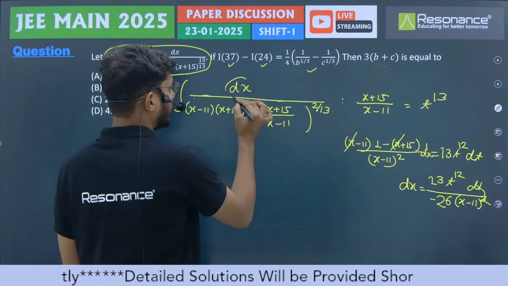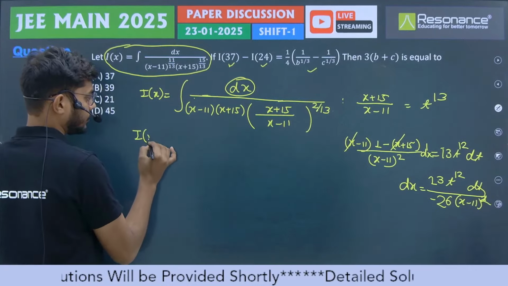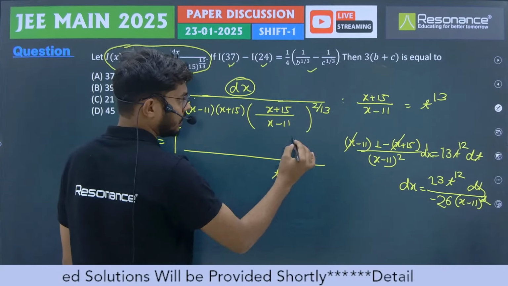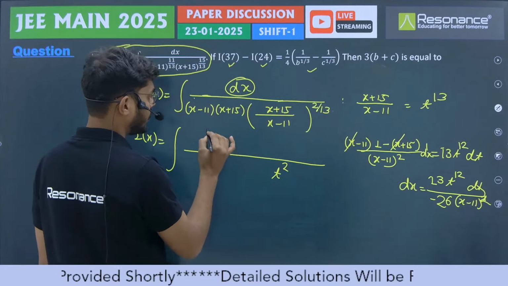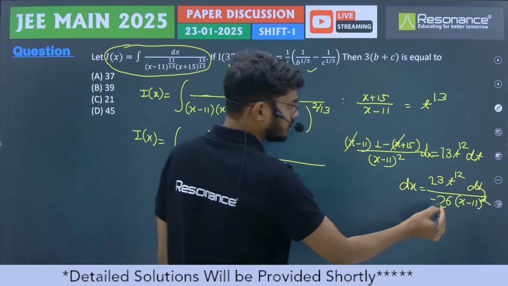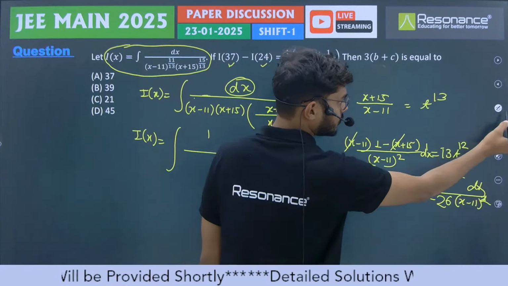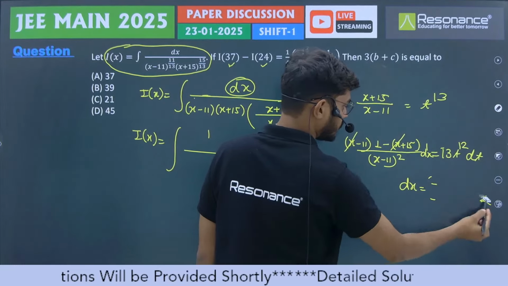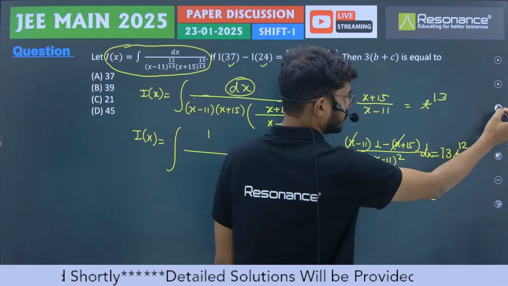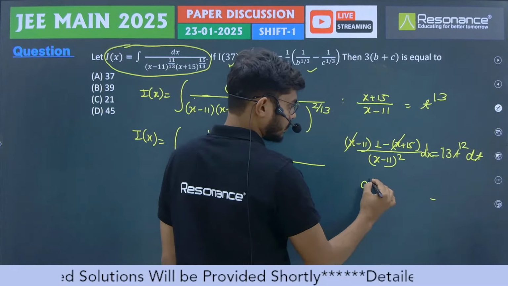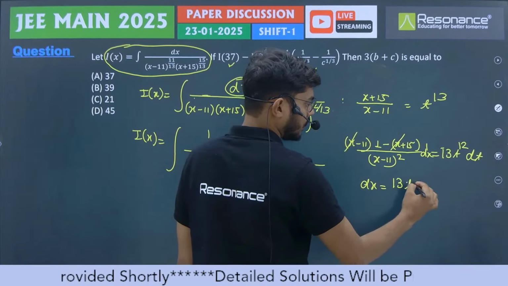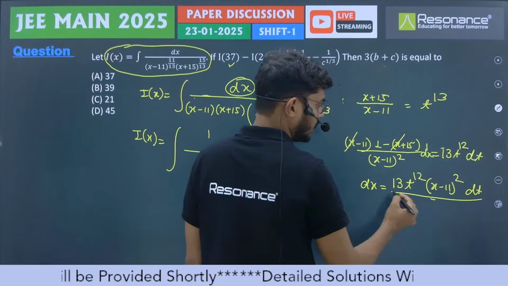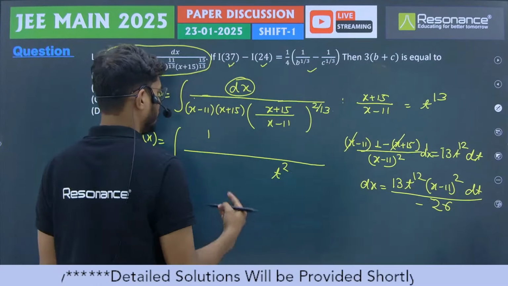That value of dx I will put here. So I got here t square, dx is nothing but 13 t to the power 12 (x minus 11) whole square dt by minus 26. Put the value here.